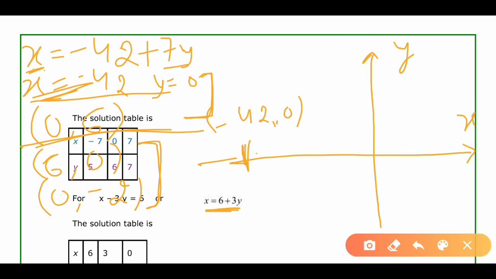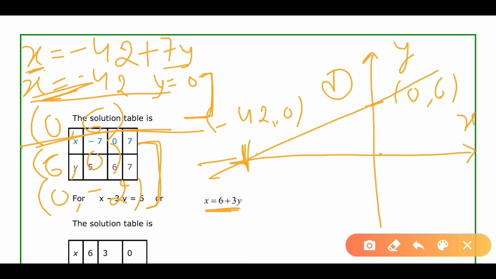Now the second point is 0 comma 6, 0 means here, and 6 on the y-axis means here, so this point will be. Now we will join these 2 points, so this one will be the first equation.